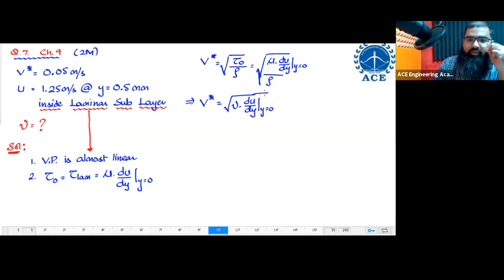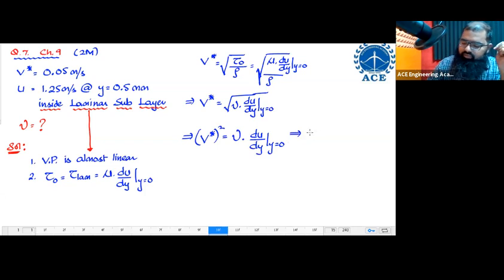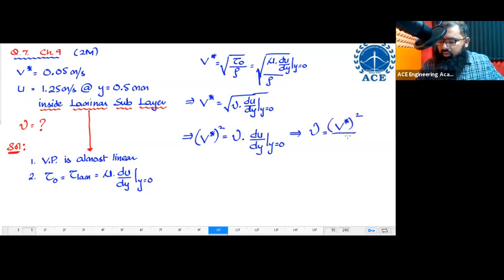Now square on both sides: V star square is equal to nu into du upon dy at y equal to 0, which implies nu has to be equal to V star square divided by du upon dy at y equal to 0. This is what I'm having.